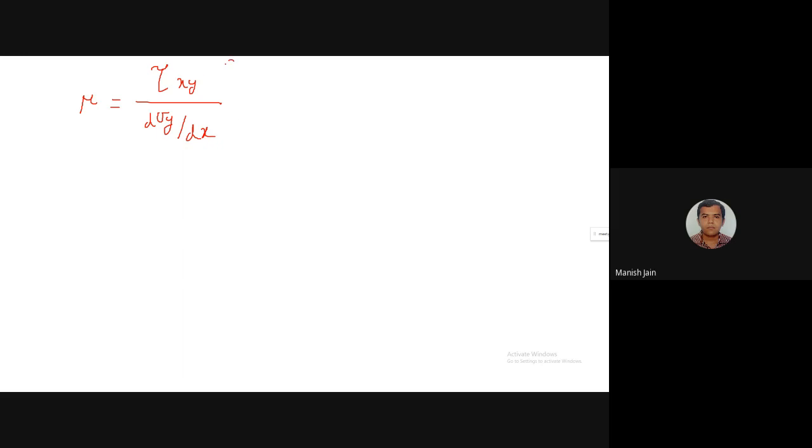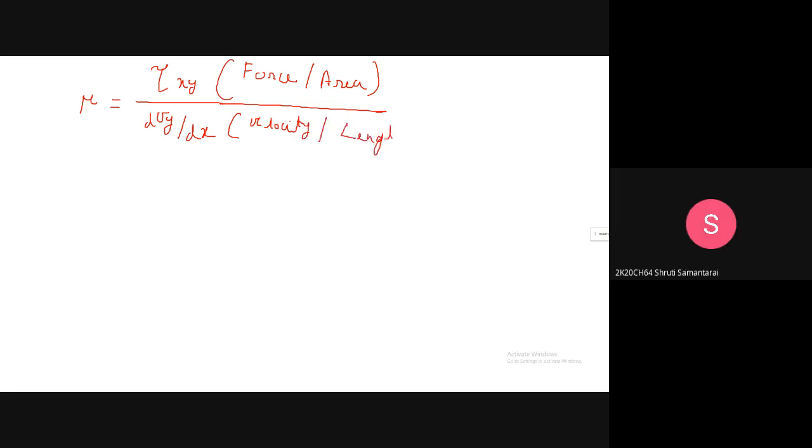Okay, so this tau is the force per unit area, and this dy by dx is velocity per unit length. Okay, so just substitute the values.